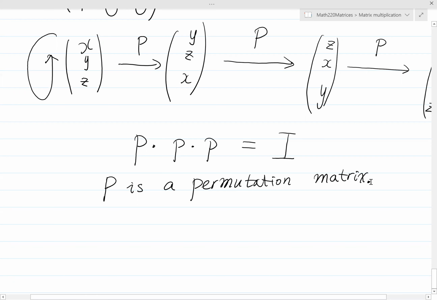Permutation actually turns out to be an important topic in group theory when we study symmetries between objects.